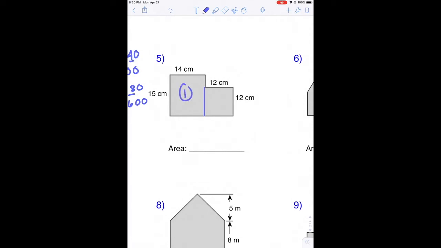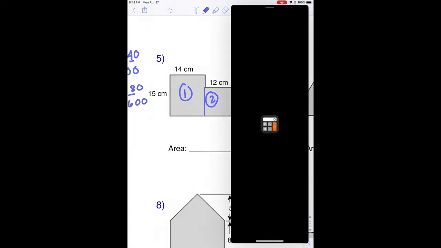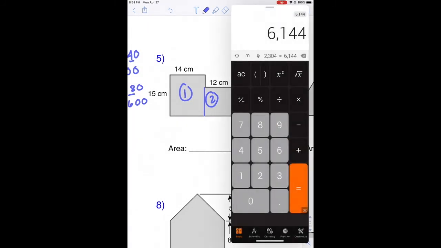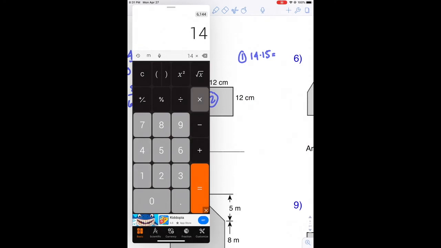So I have shape 1 and shape 2. Shape 1 is 14 times 15. I'm going to put that into a calculator because I don't want to do that work by hand. 14 times 15 is 210. Shape 2, let's see, can't see what it is.